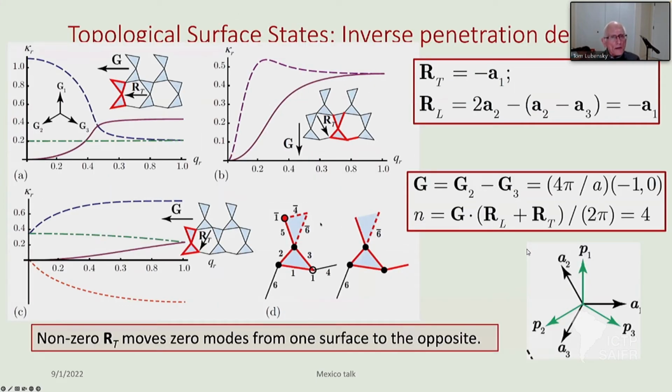So here are various examples of what can happen. So the first one we looked at, RT is equal to minus A1. You can see it's pointing in this direction. And we calculate that by calculating those topological integrals, which we just discussed. RL is, oh, I'm sorry, I missed something here. Let's go back.